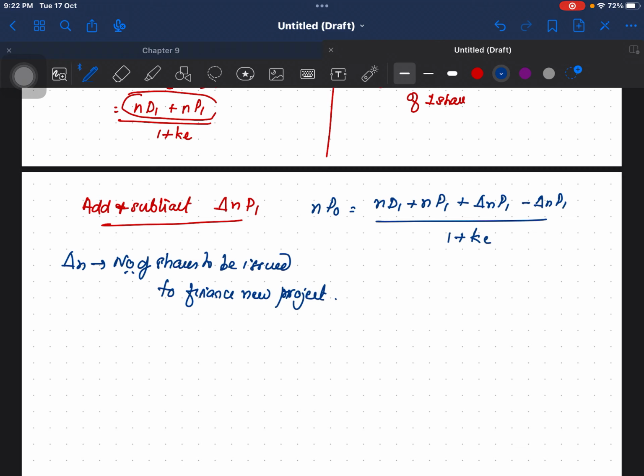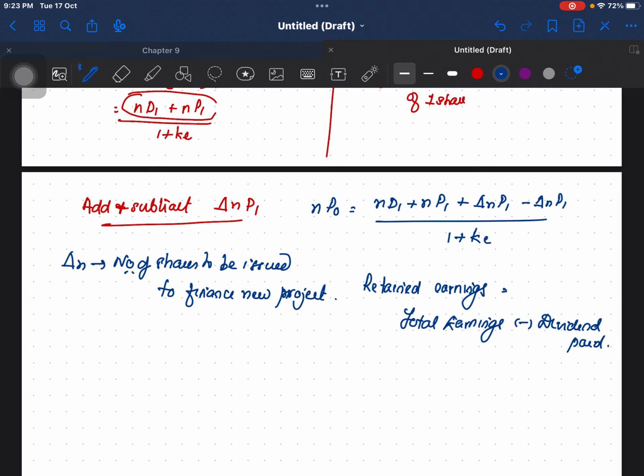So this is the formula. Now let's see another formula: retained earnings is equal to total earnings minus dividend paid.